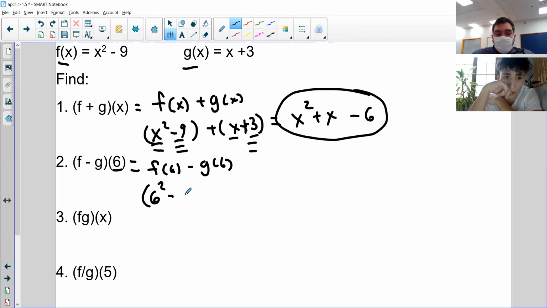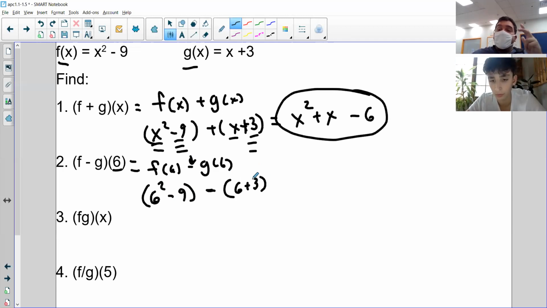So it's 6 squared minus 9, minus, because this was minus, 6 plus 3. Every instance of x gets replaced with whatever is in here, in this case 6. So 36 minus 9 is 27, minus 9, since 6 plus 3 equals 9. 27 minus 9 is going to be 18.